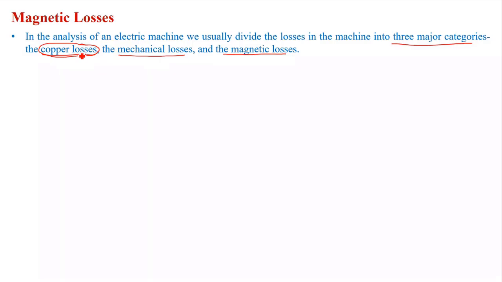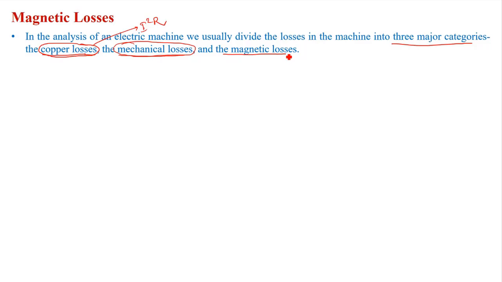It is because of the resistance in the network when the current passes through, so it is nothing but the I square R loss. Mechanical loss happens because of friction in the bearing and also windage loss, because of the wind friction on the rotor.